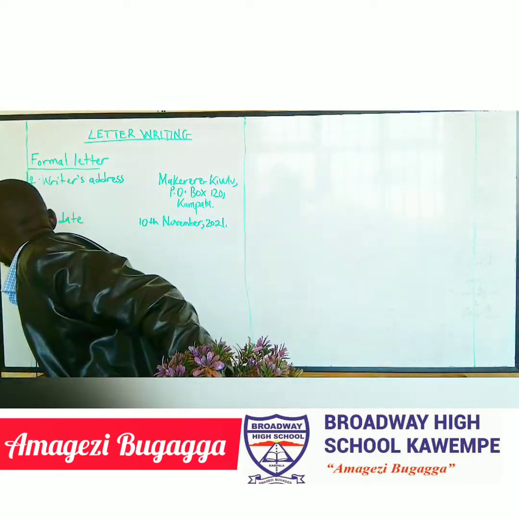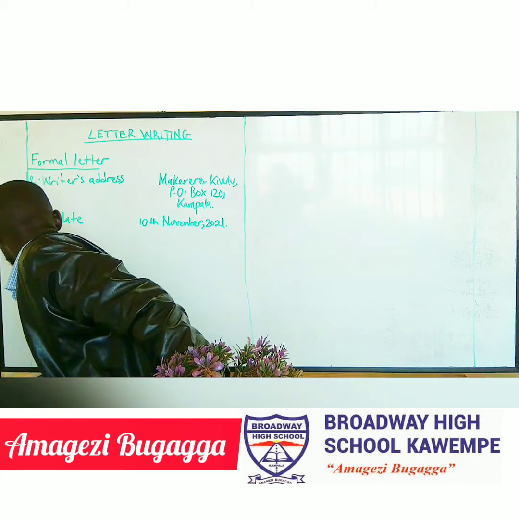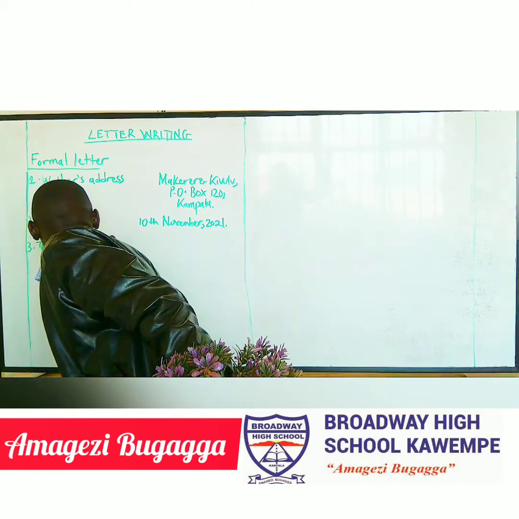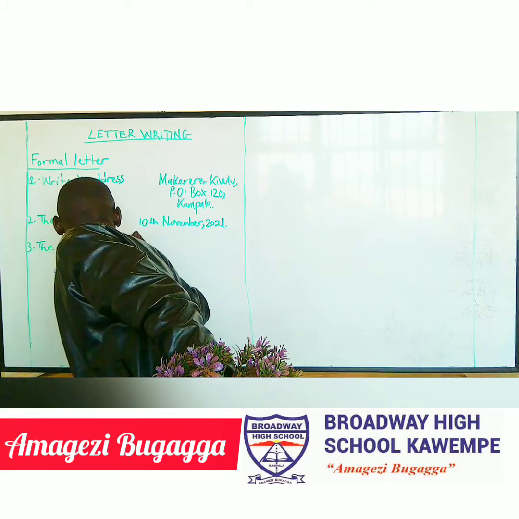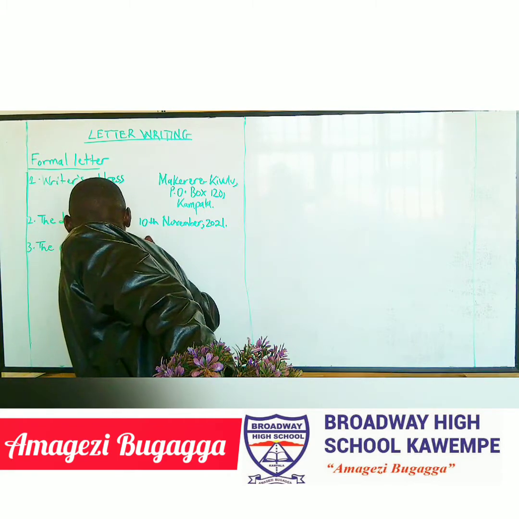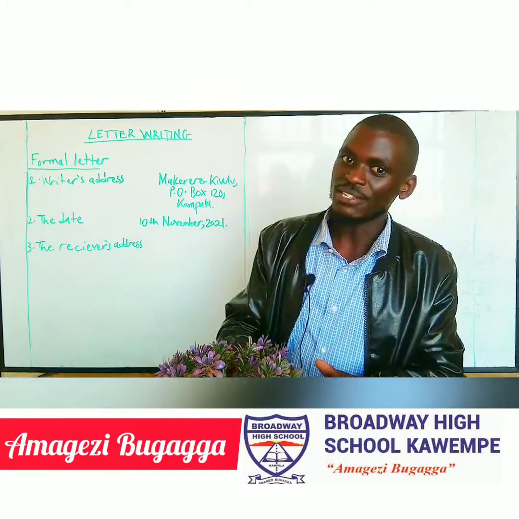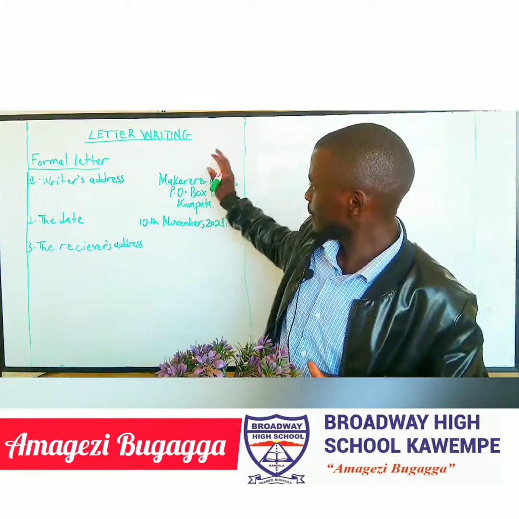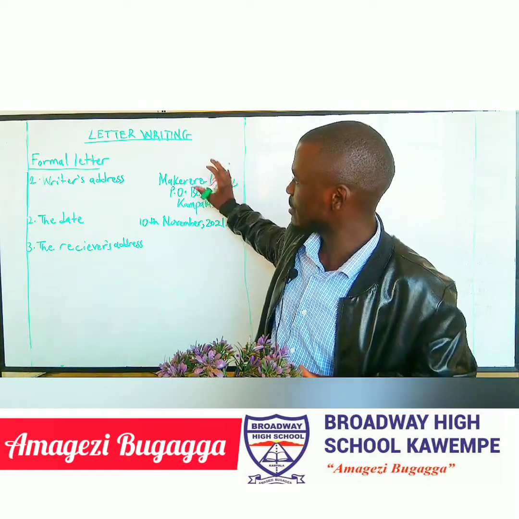The third item is what we call the receiver's address. For the receiver's address, unlike the writer's address, it will be presented in the block format.